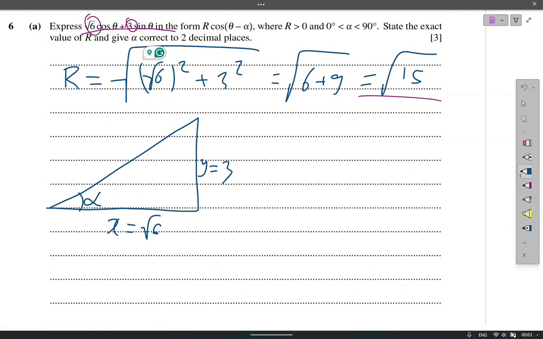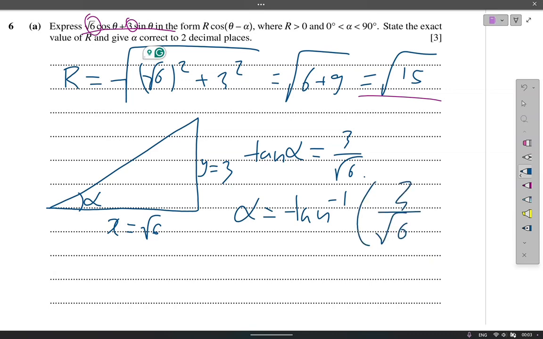In this case, we can just find alpha using tan alpha equals 3 over square root 6, and alpha is just tan minus 1 of this, which gives us alpha value of this.